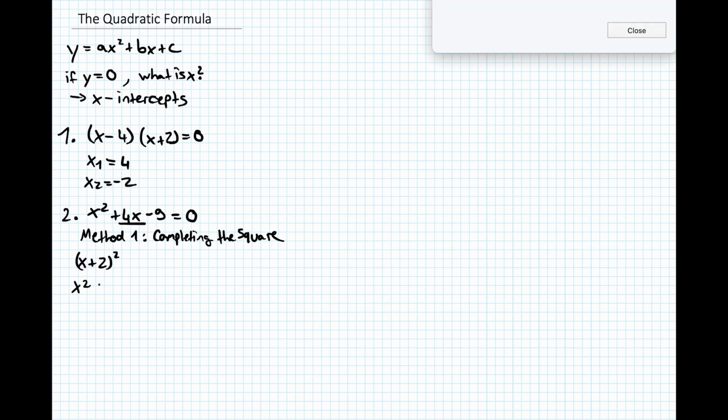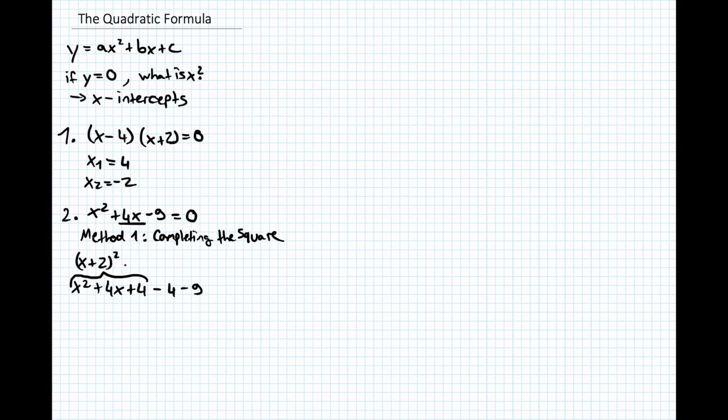So let's write it out. x squared plus 4x plus 4. Now subtract the 4 again, and subtract 9. This first part is equal to our perfect square, and this will be our factor at the end, just negative 13. That has to equal 0.